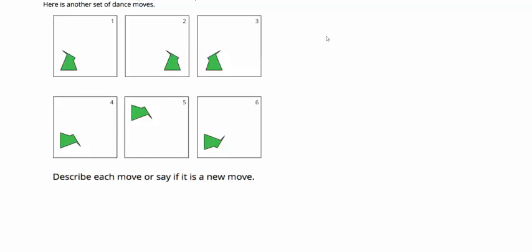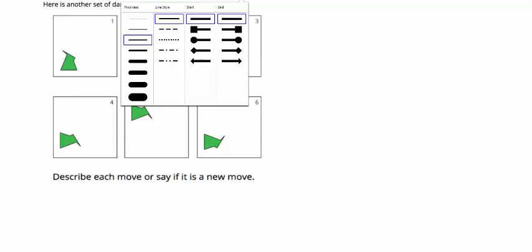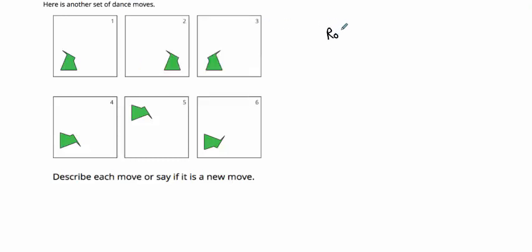So the moves that we know so far are rotations, which are turns, and we have moves that slide, right? Those are the ones we've talked about yesterday, or in lesson 1. Turns and slides.